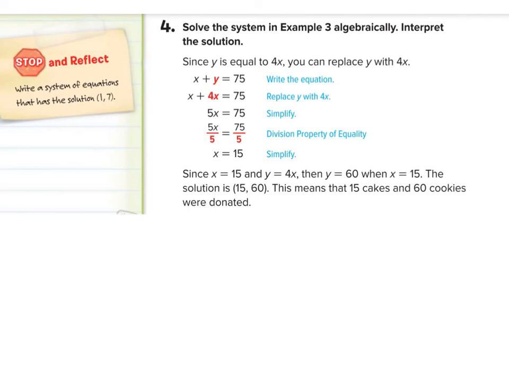Divide by 5 on both sides of the equation to see that x equals 15. So since x equals 15 and y equals 4x, then y equals 60 because you substitute in 15 for x. So the solution is (15, 60). This means that 15 cakes and 60 cookies were donated.